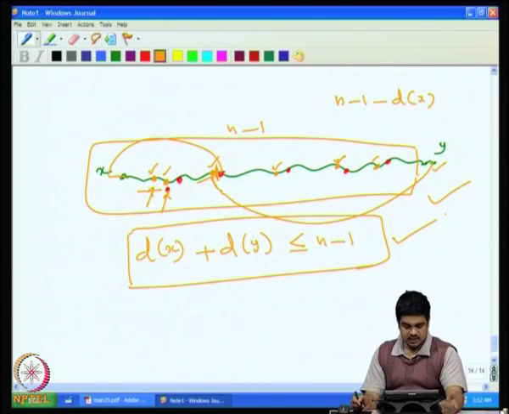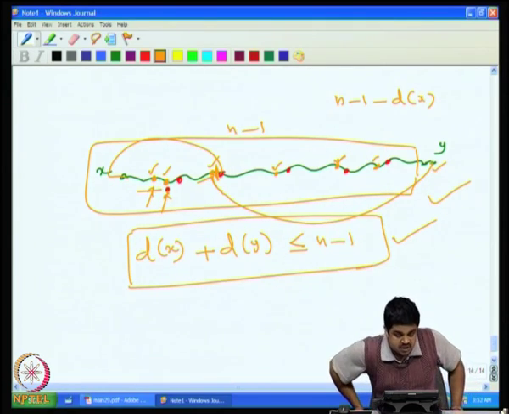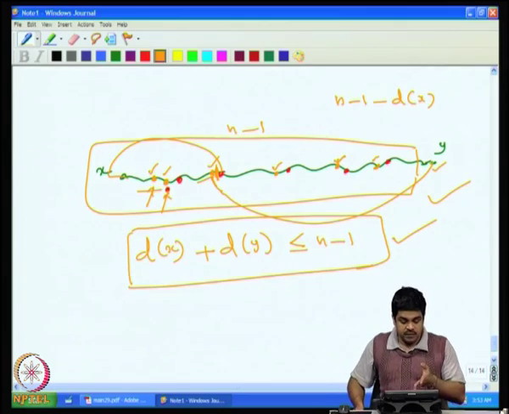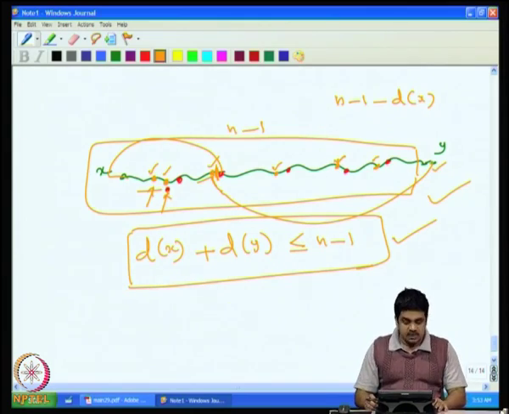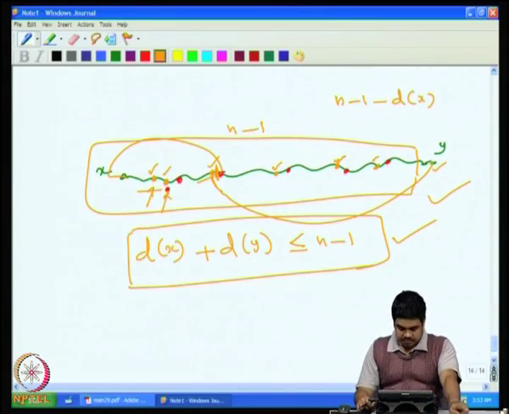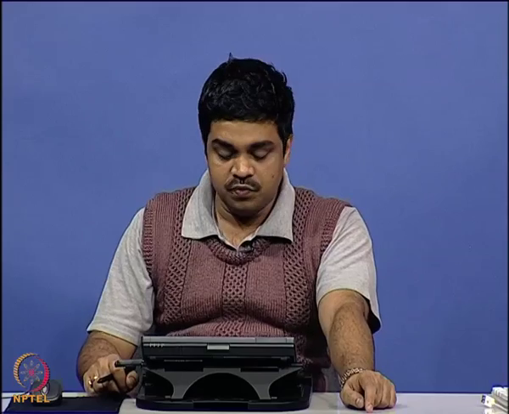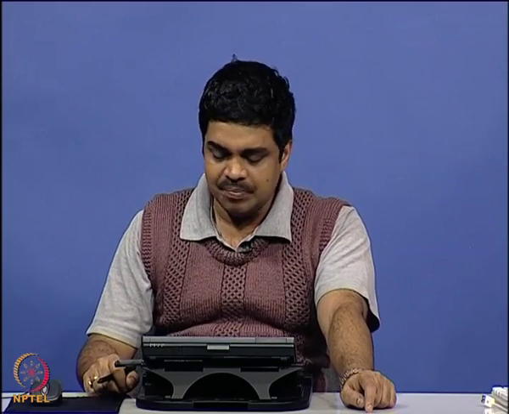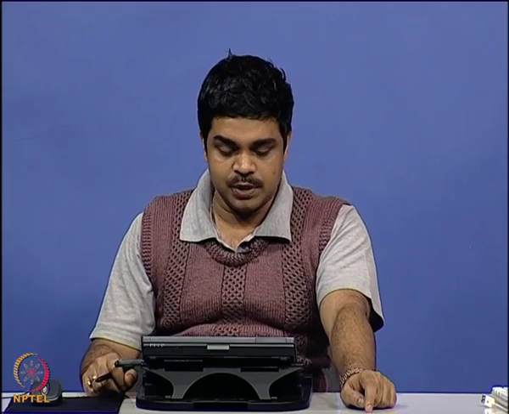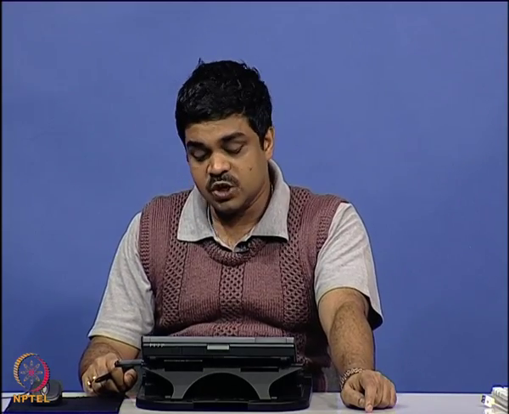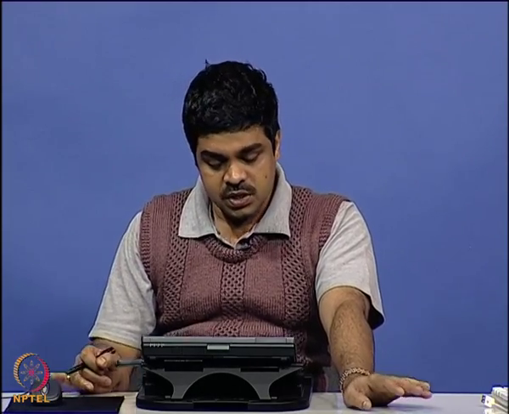This is remembering how Dirac did his original proof. We see that d(x) plus d(y) is less than or equal to n minus 1 for every non-adjacent pair, because there is already a Hamiltonian path between any non-adjacent pair x and y.